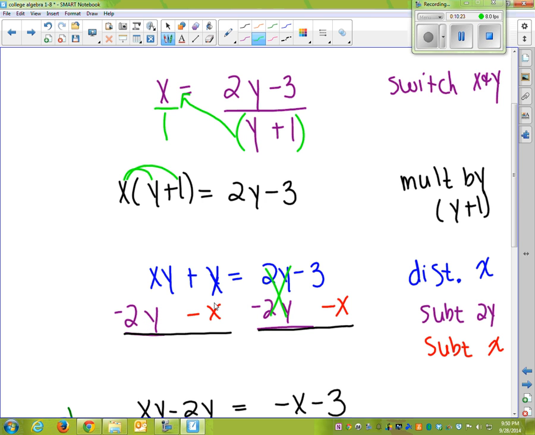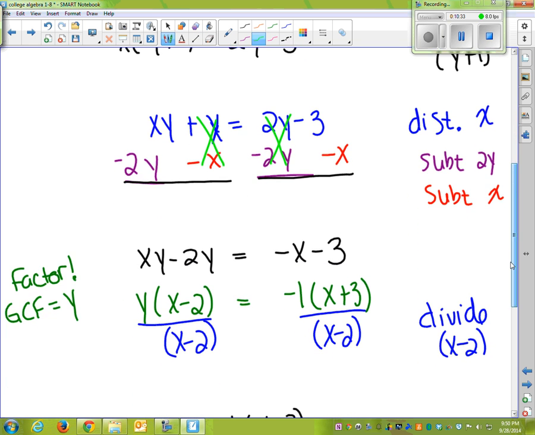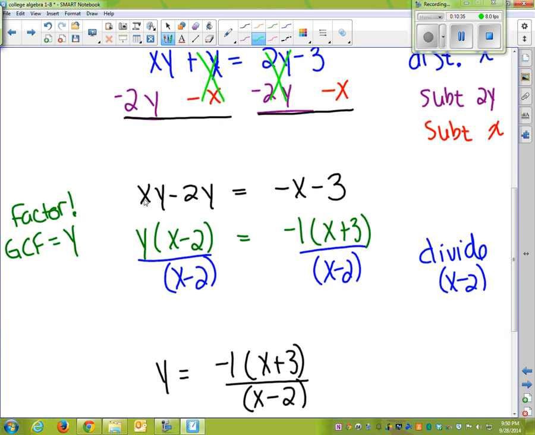And then I subtracted the x, so it would cancel, and I moved it to the right. Now my equation's starting to look a little better. I have my y's on one side, xy minus 2y, and then I have non-y's on the right side, negative x minus 3.